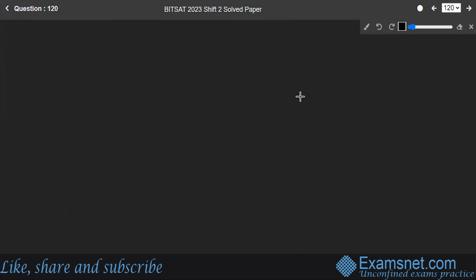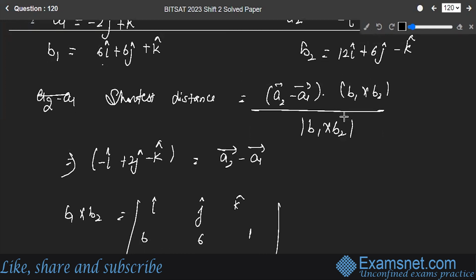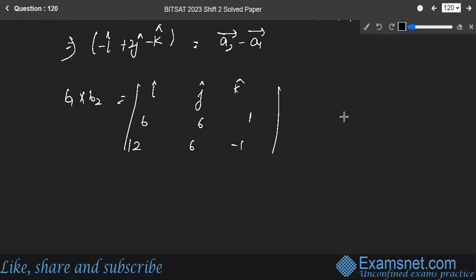Let's find the cross product of b1 and b2: the determinant of i, j, k, 6, 6, 1, 12, 6, −1.